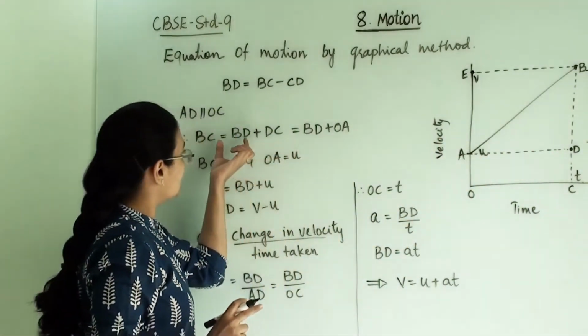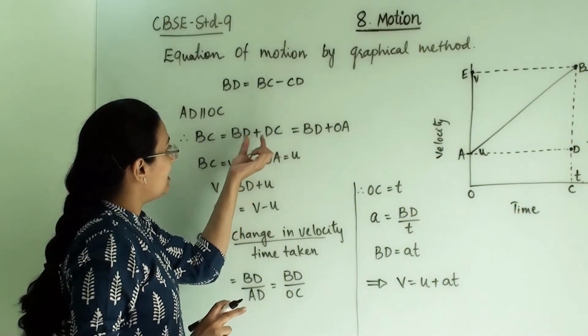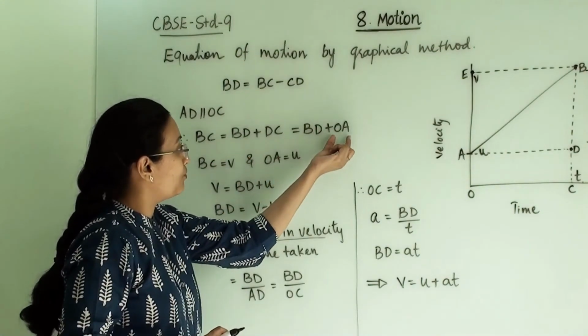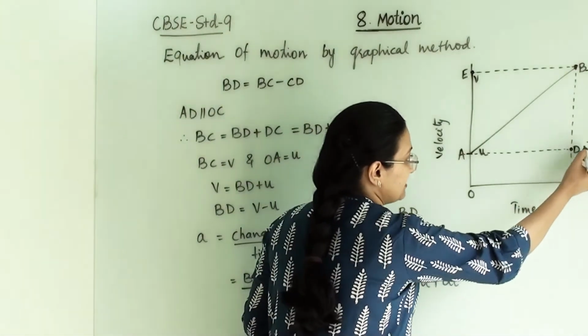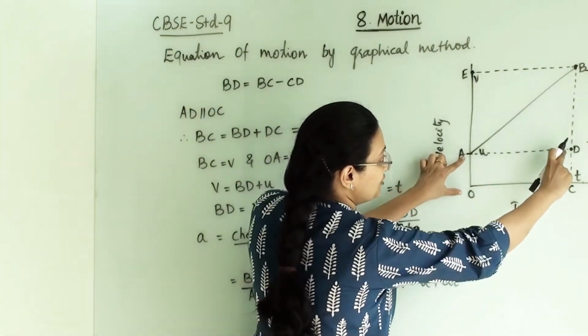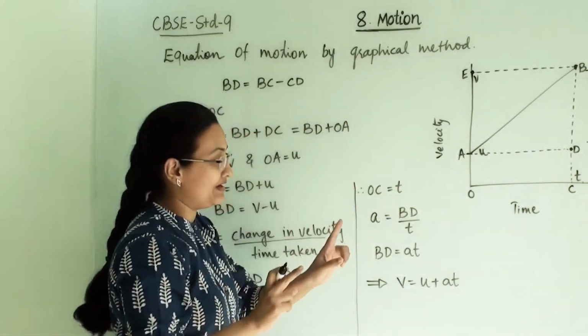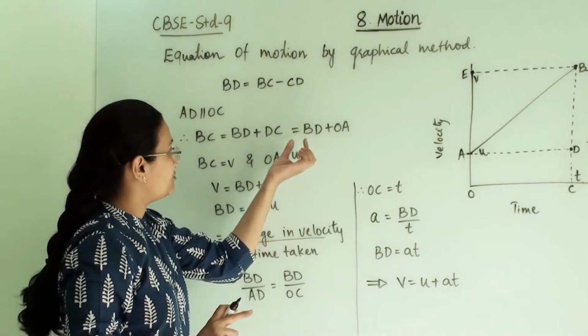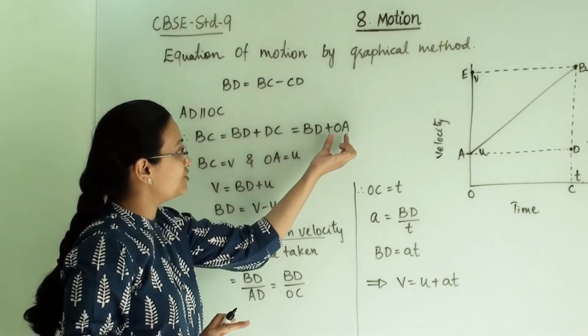Now BD is BD and this DC we substitute with OA. DC is this line and OA is this line. The lengths of these two lines are equal, they are parallel and both are the same in length. So we have replaced DC with OA.